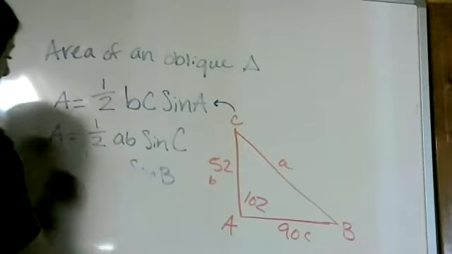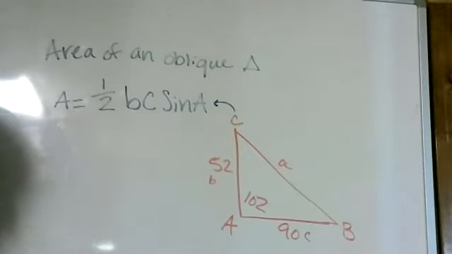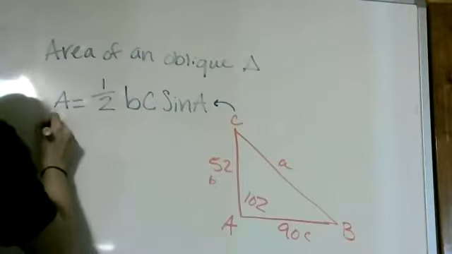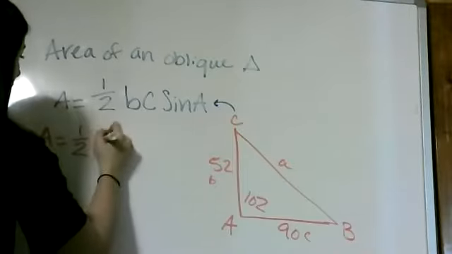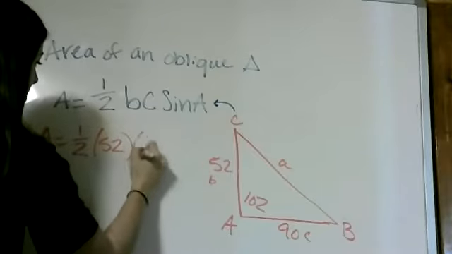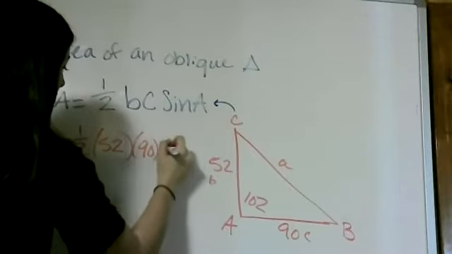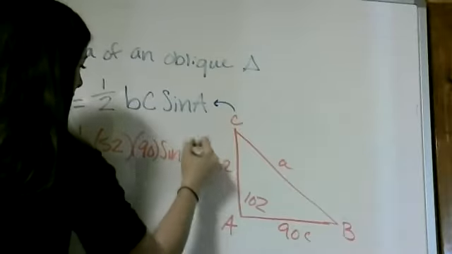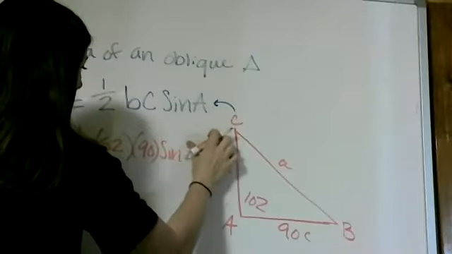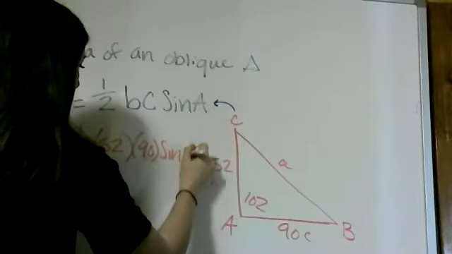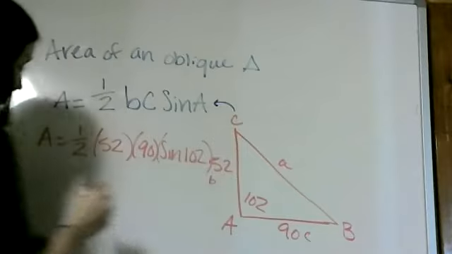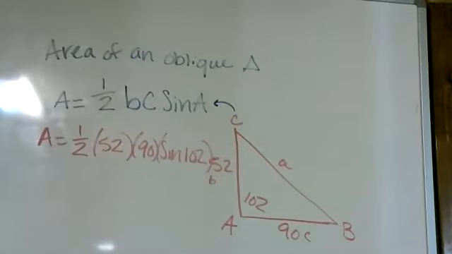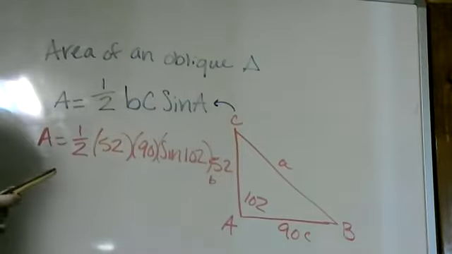So I have everything I need in order to perform the rest of this area equation. I'm going to erase the other two that I don't need. Let's fill in all the missing pieces here. So A equals 1/2 of 52 times 90 times sine of 102. So again, we go ahead and put this in your calculator, ensuring as always that it's in degree mode.